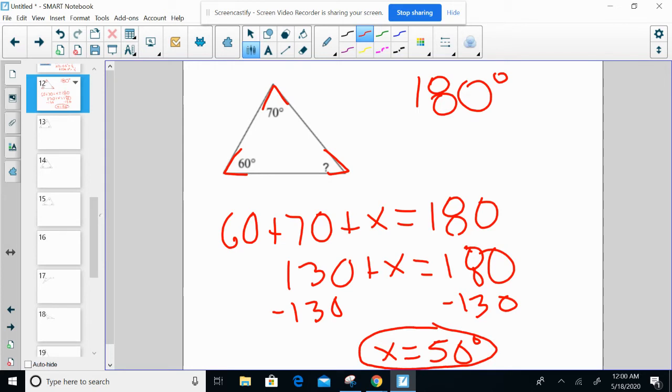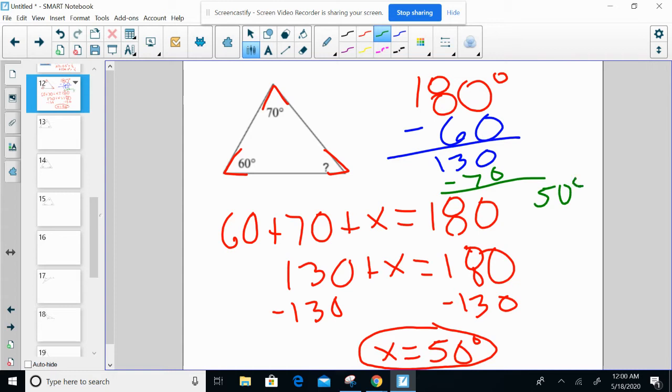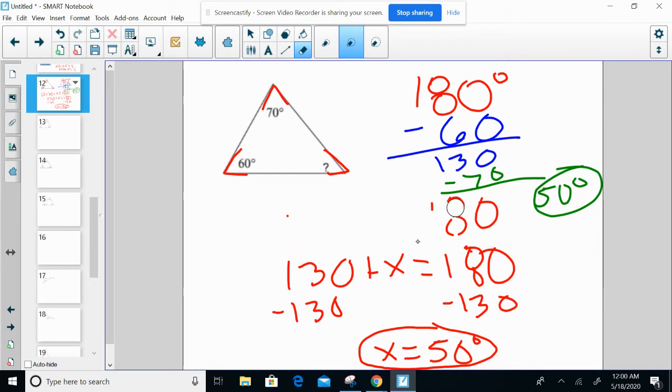Now you don't have to set it up as an equation. I just wanted to show you that. What you could do is take 180, subtract 60. Get 130, and then subtract 70. You get 50 degrees. So you don't have to do it by setting up an equation.